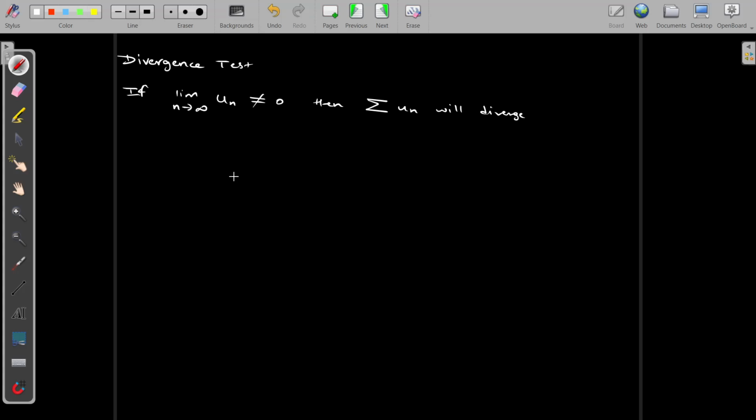So if the limit of this is not equal to 0, then it diverges.